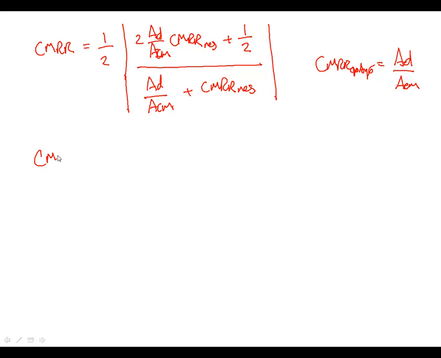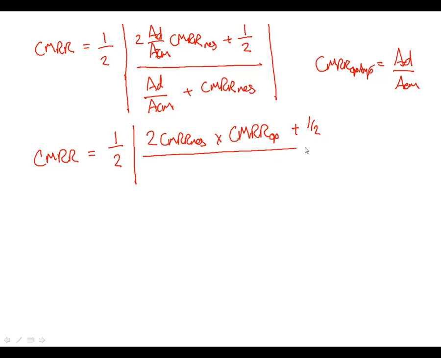So we're now left with CMRR is equal to a half into 2 CMRR resistors times CMRR opamp plus the half, all divided by common mode rejection ratio of the opamp plus common mode rejection ratio of the resistors.